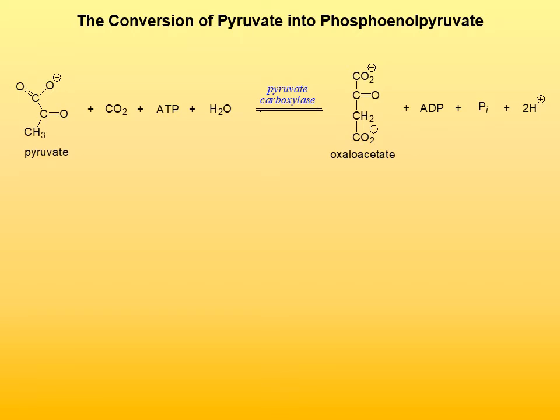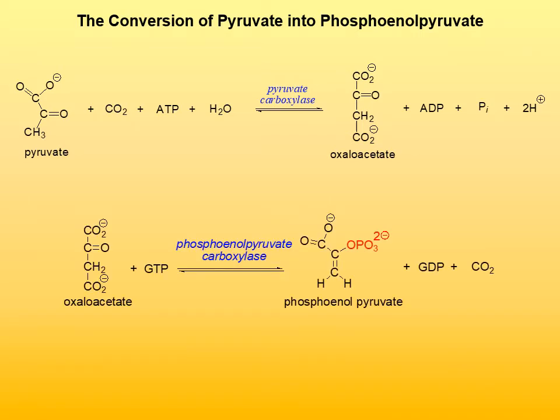Carboxylation means that a molecule of carbon dioxide is added to it, and the product is oxaloacetate. This conversion takes place in mitochondria. So the first step, conversion of pyruvate into oxaloacetate, actually takes place in mitochondria.